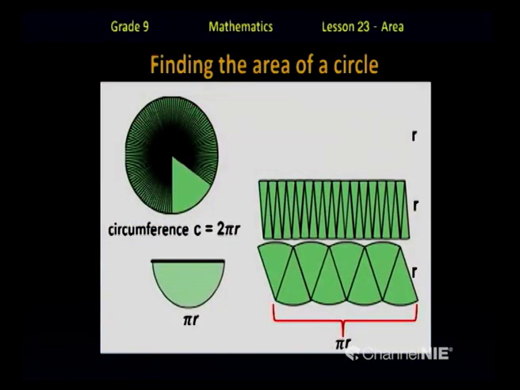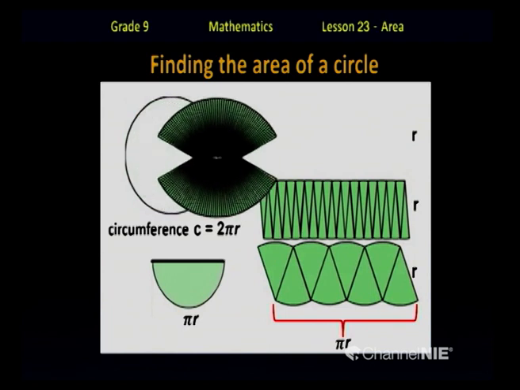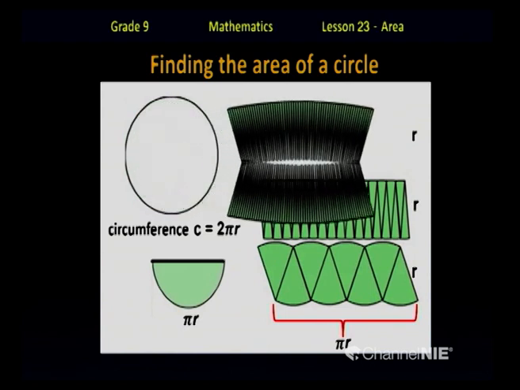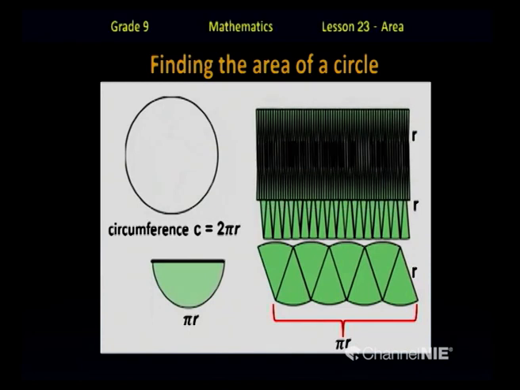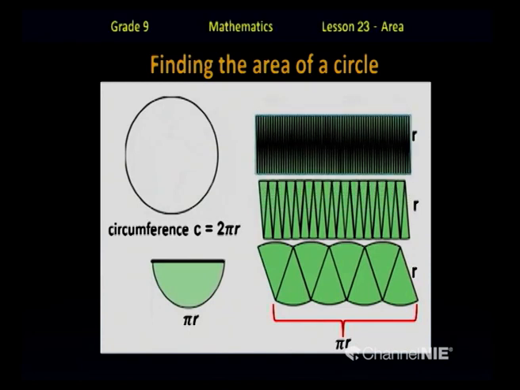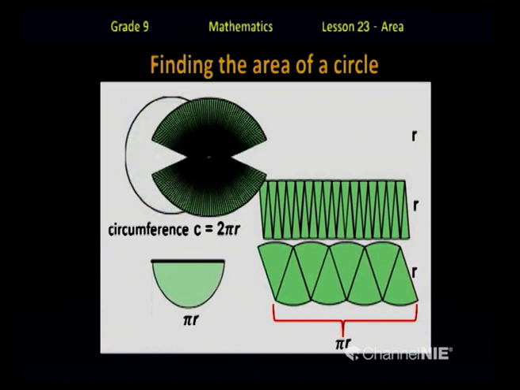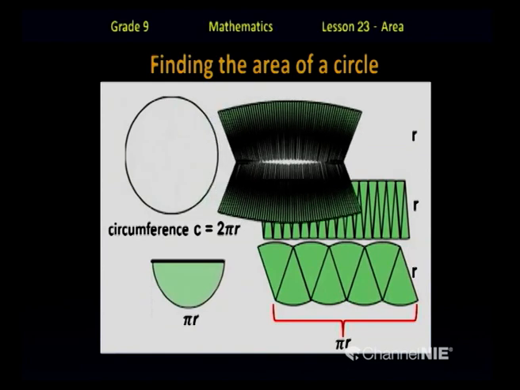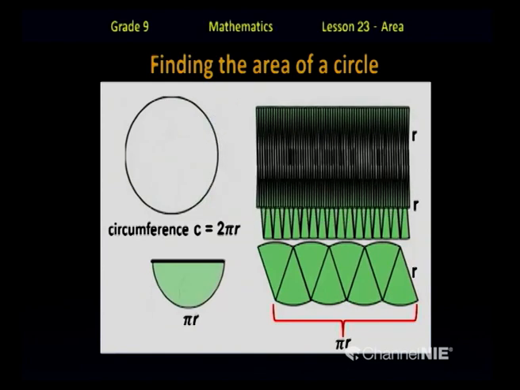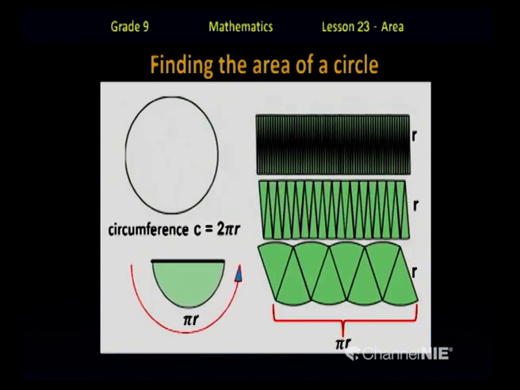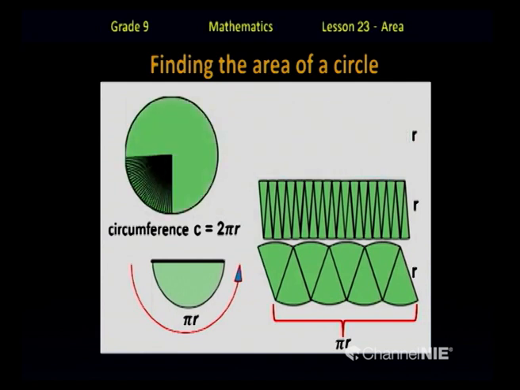Here is the circle. We know circumference is 2πr. What is the length of this rectangle? Identify it. It is half of the circumference of the circle, which is πr.